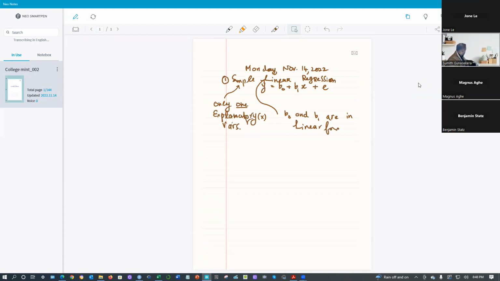Sometimes, even under simple linear regression, you have log regression.